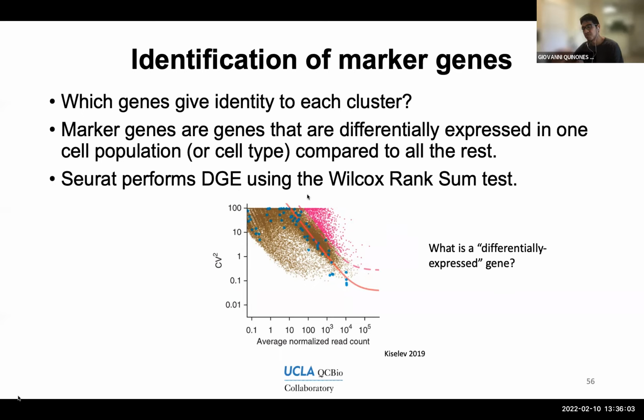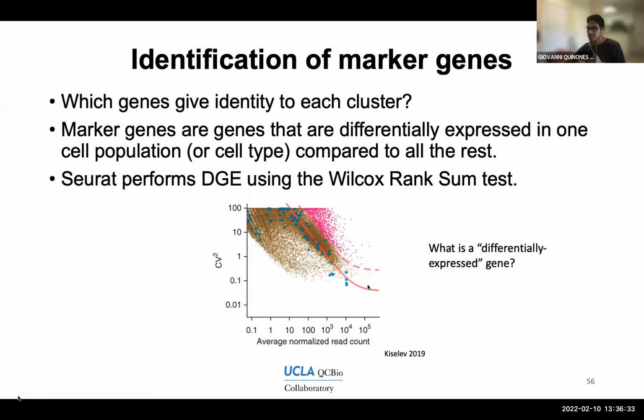Like I mentioned before, this is a challenging problem. And the reason it's so challenging is that it's hard to model the variance for gene expression. What does this mean? Before, I used this figure to explain how to identify the highly variable genes, which were these pink dots.